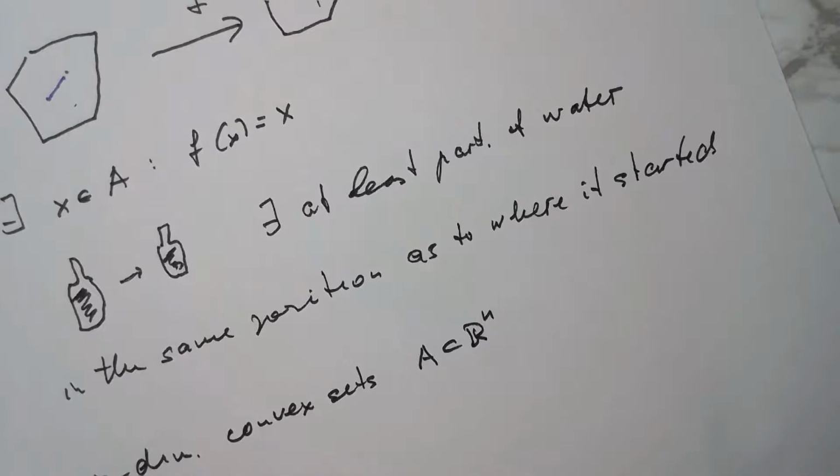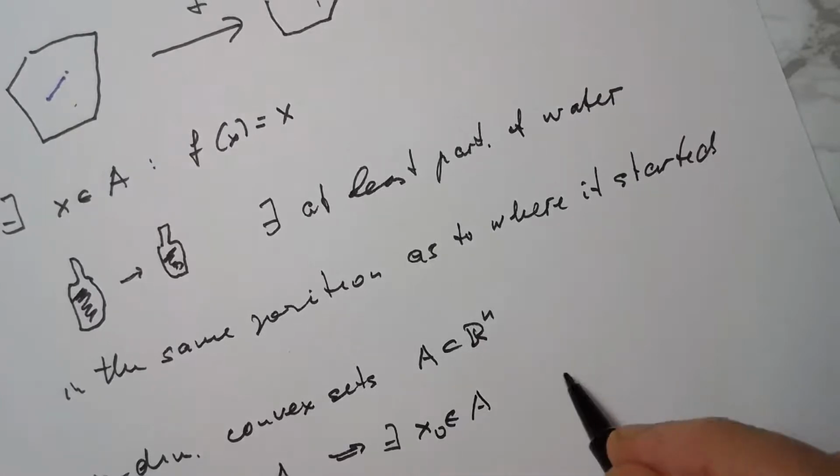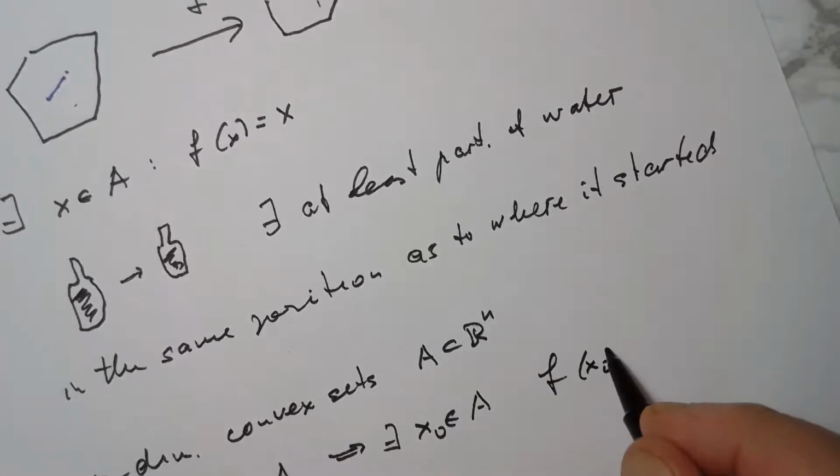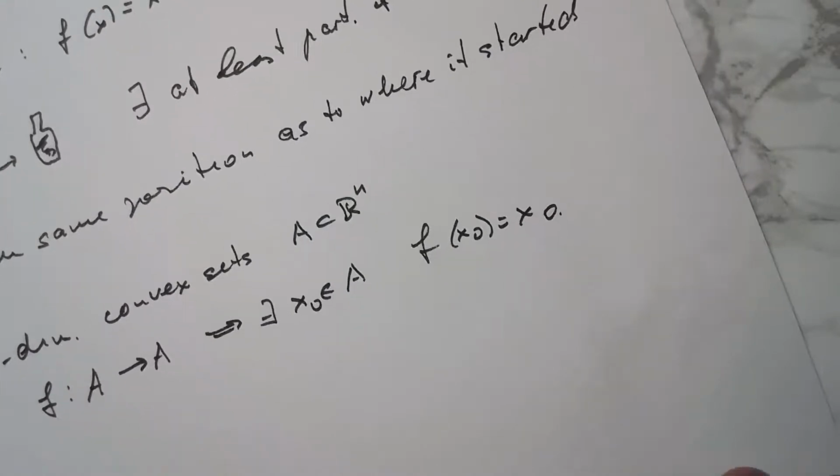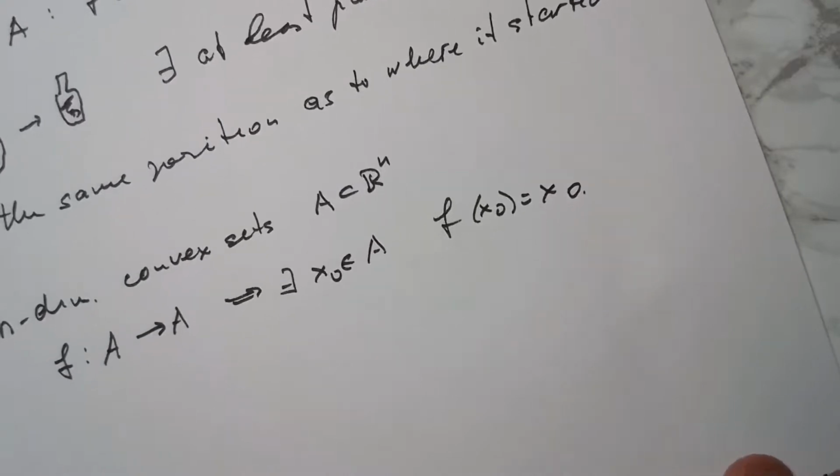If you have a continuous function that maps A into A, then there exists an x naught in A such that f of x naught equals x naught. It's a brilliant, brilliant theorem. It has several generalizations to infinite dimensional spaces, although I don't want to go into all the details at the moment. But this is one way by which mathematicians can accomplish something incredible.